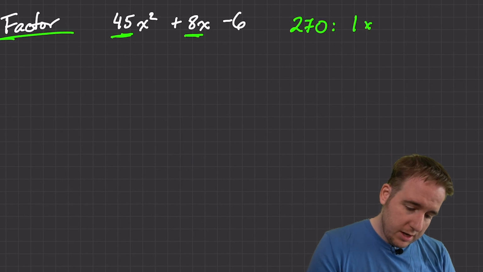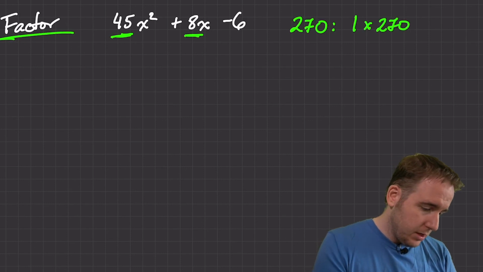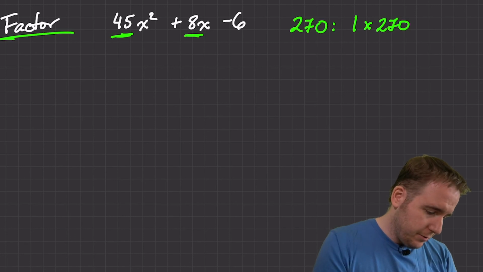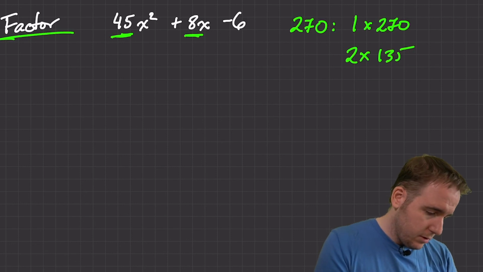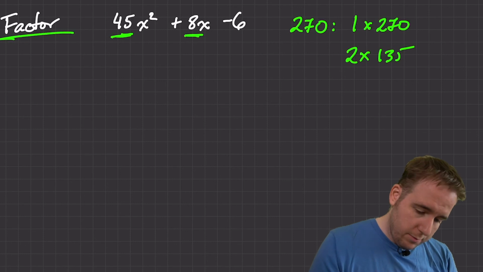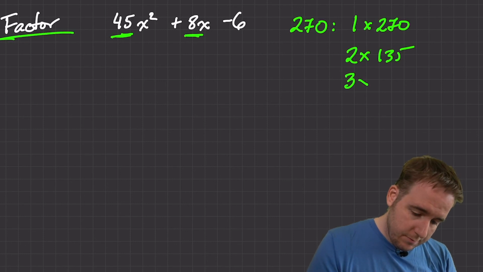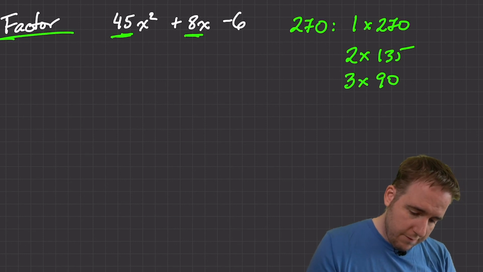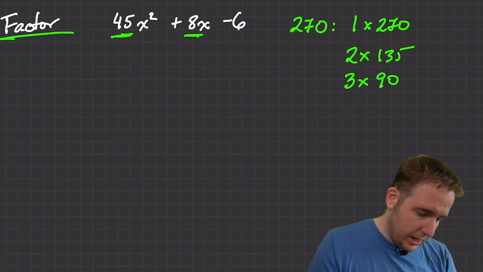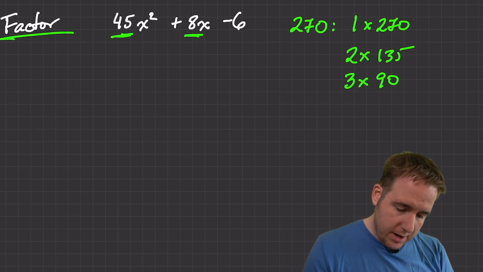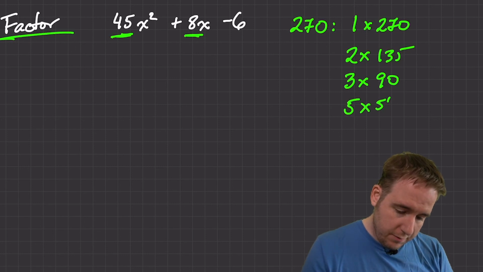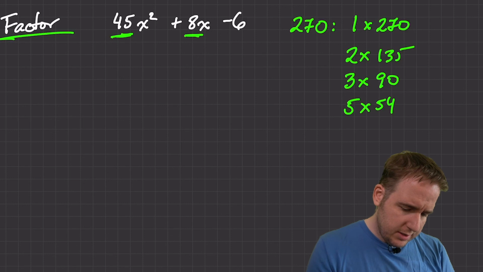So 1 times 270. Divide by 2. Nope. Divide by 2. 2 times 135. 3 times 90. 4 will not work. 5, yes. 5 times 54. 6.